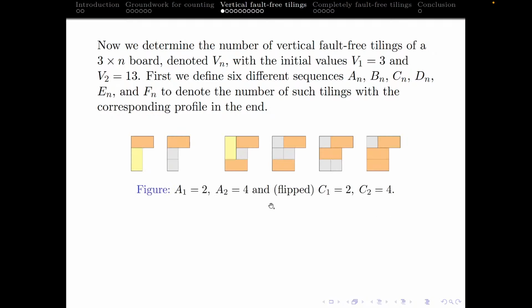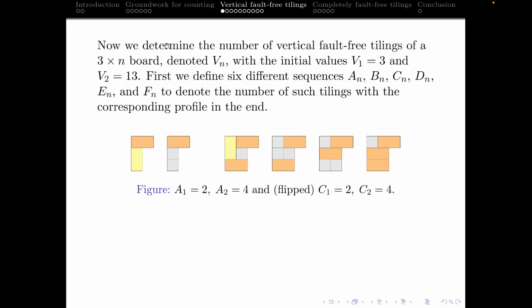Just for examples, these are the initial values of A and C. This is a tiling of a 3x1 board, so just a vertical strip with an overhang of this domino A, and similarly this is another such tiling. For a 3x2 board with an overhang of A, we can see there are 4 possibilities.